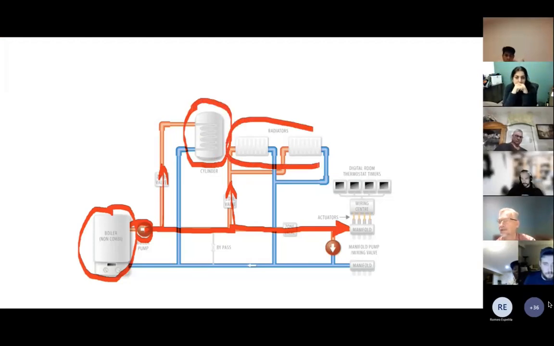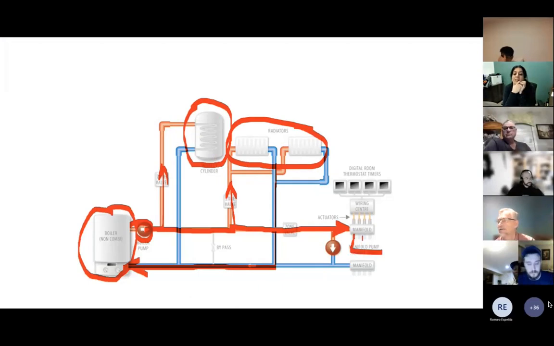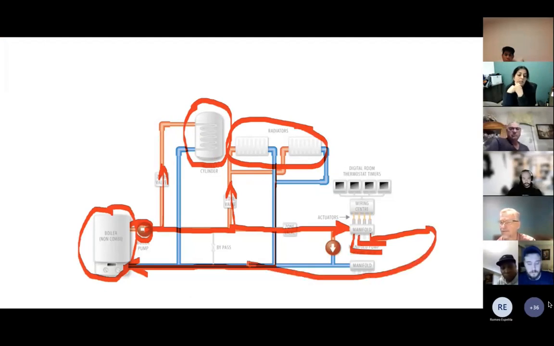Here we've got radiators heating up our zones or rooms, and then water returns at a cooler temperature and comes right back into our boiler. So we might have a manifold here for other zones on the system. But all of this water comes back. Okay.